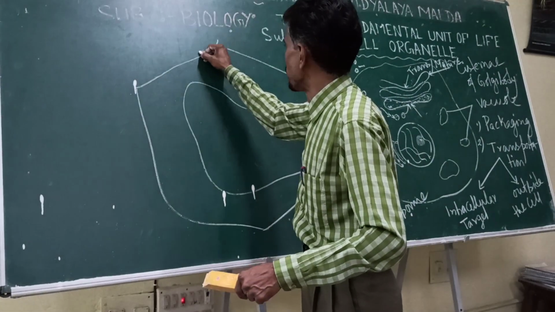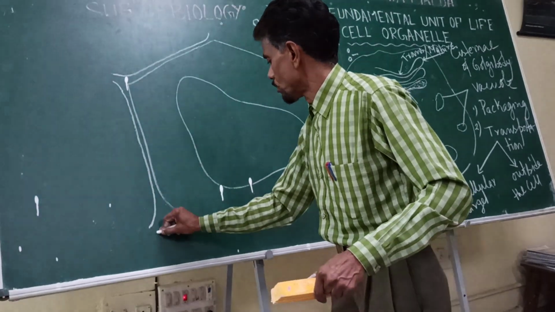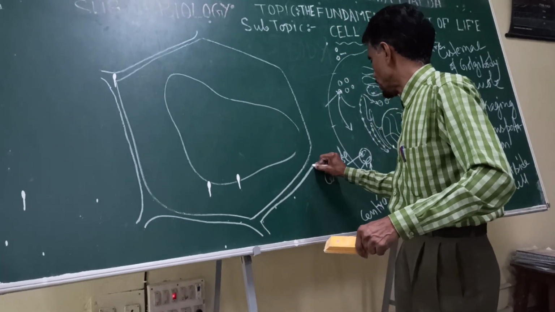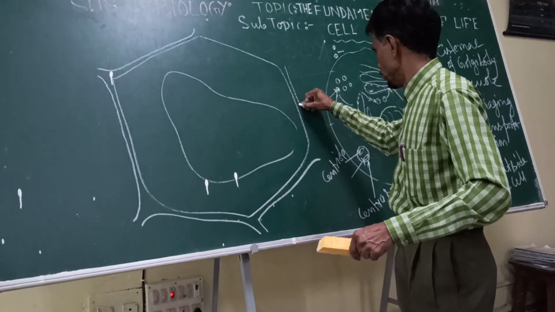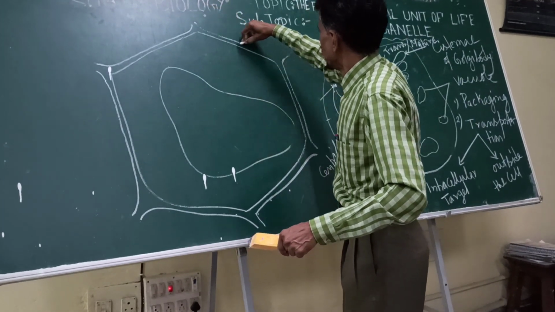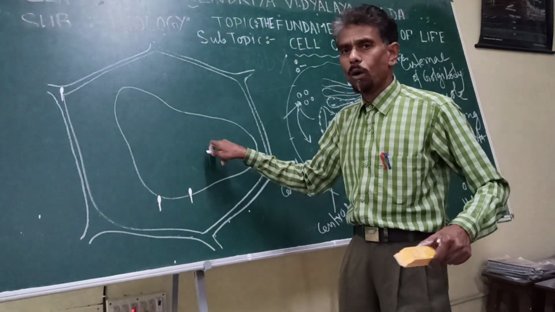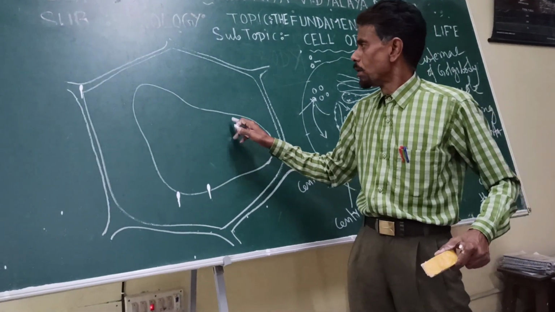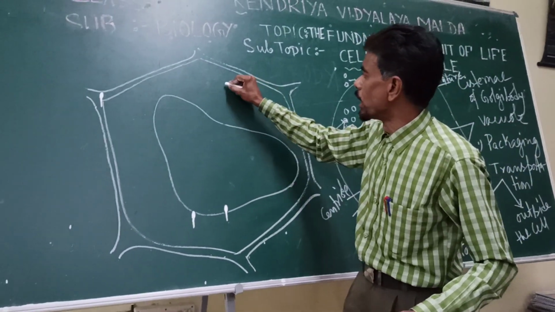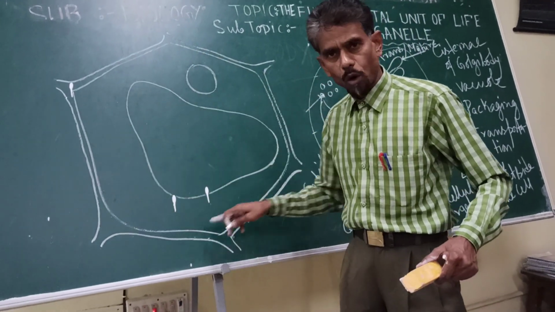If I draw a very simple plant cell here, see how the vacuole covers more than half of the cytoplasmic space, pushing the nucleus to one side and other organelles to some corner.